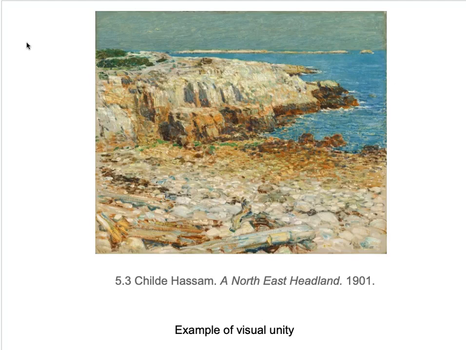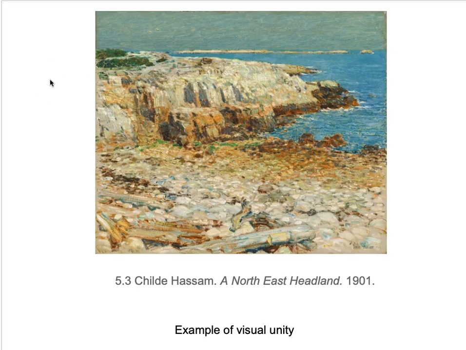So in my mind, the element of texture is treated similarly throughout this painting. Even in places that are smoother, like back here in the sky, there's still the application of texture. And the majority of the painting has this very rough, definite texture. So in my mind, texture creates unity throughout this painting.